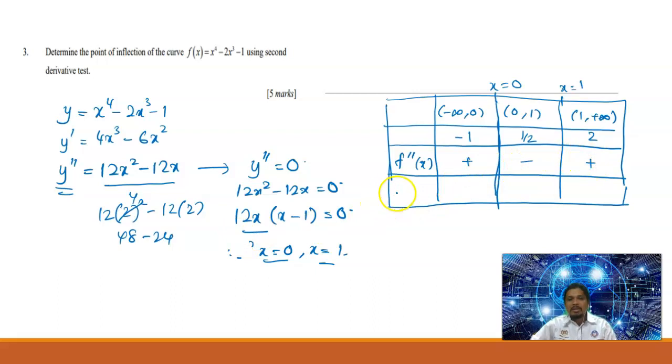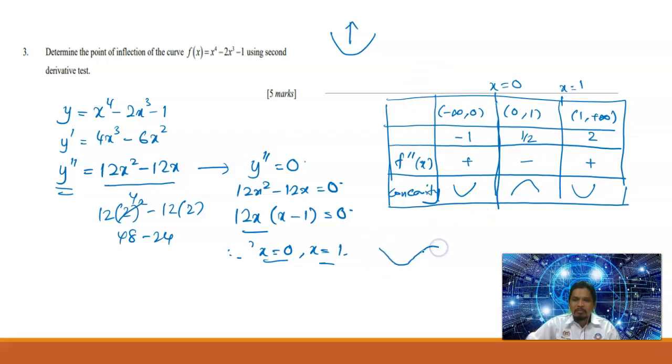Positive. So we're going to look into the concavity. Concavity here means that the mouth of the curve is facing up. This one is facing down, and this one facing up. So we can imagine that the graph will be something like this.